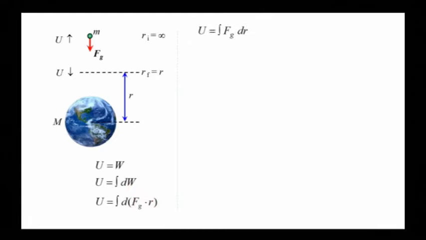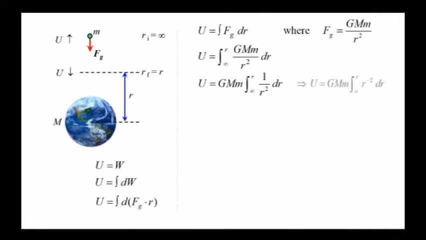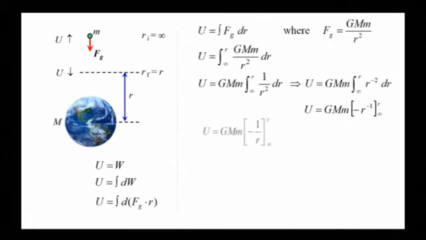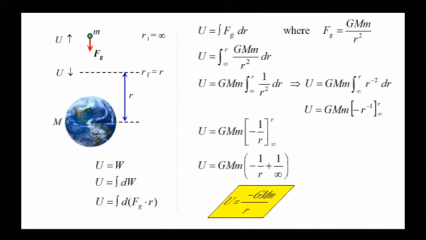So we can derive an equation for gravitational potential energy using the following steps. First, substitute the gravitational force using Newton's law of gravitation. Rearrange the equation and integrate the equation. Finally, we obtain a simplified equation of gravitational potential energy.